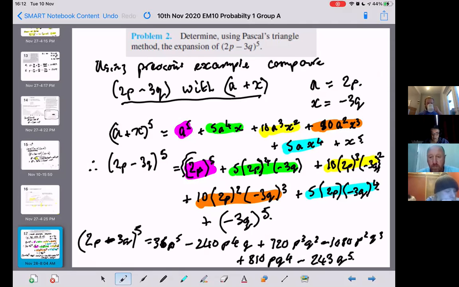So this 32 here comes from 2 to the power of 5. If you do that on your calculator, 2 to the power of 5 is 32. Yeah.